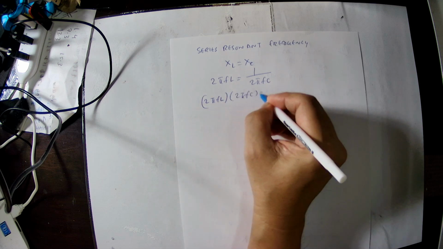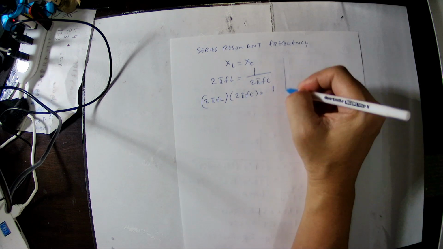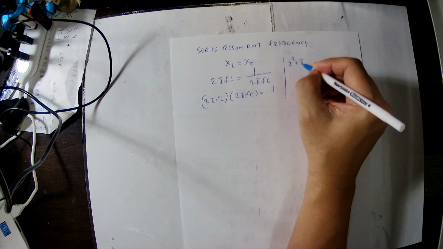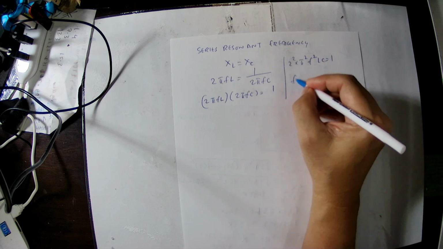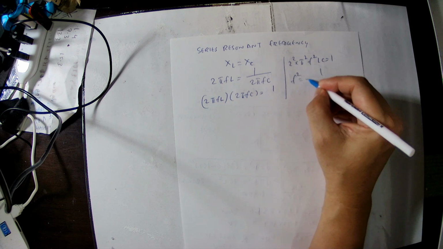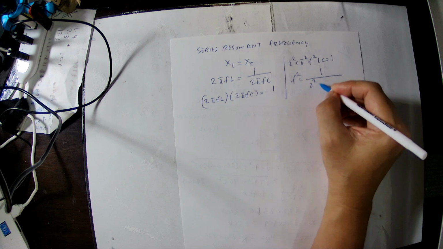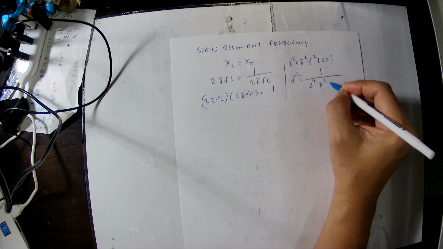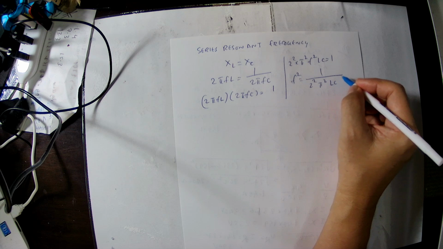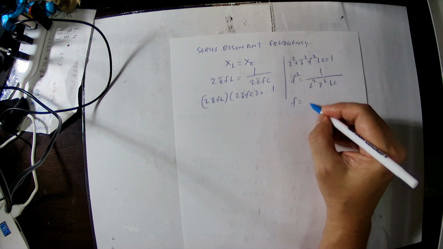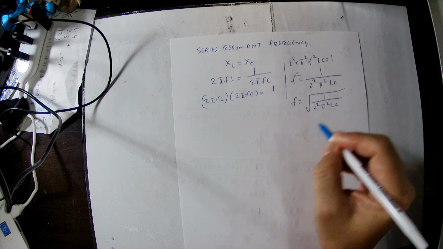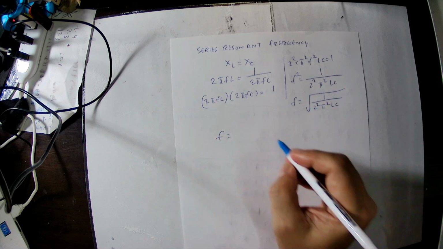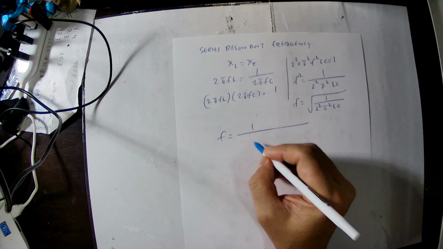1. There you can see that 2 square, π square, f square, LC equals 1. So f square equals 1 divided by 2 square, π square, LC. So the frequency f equals the square root of 1 divided by 2 square, π square, LC. So the frequency f is equal to 1 divided by 2π square root of LC.